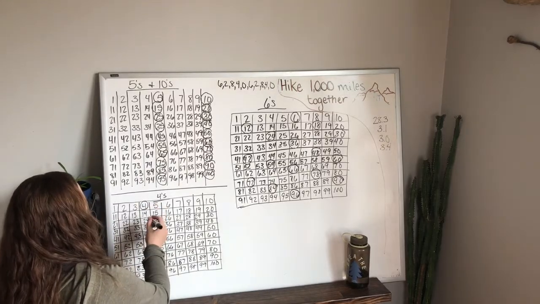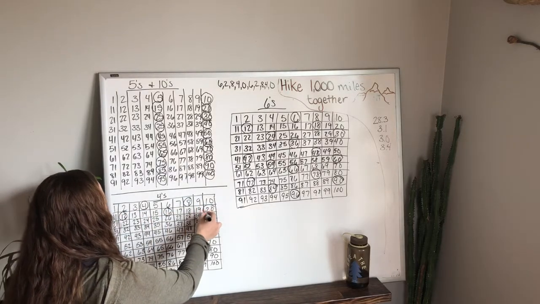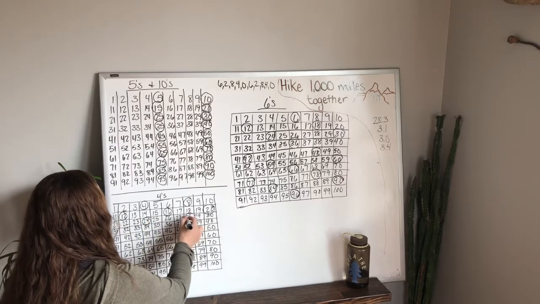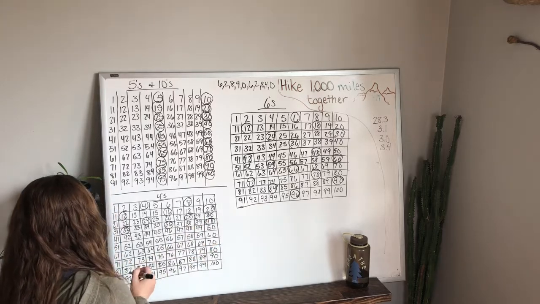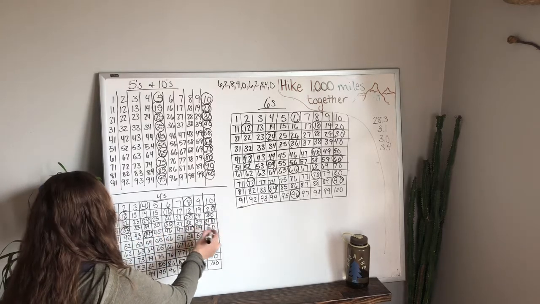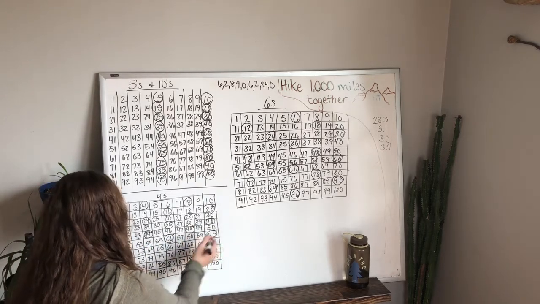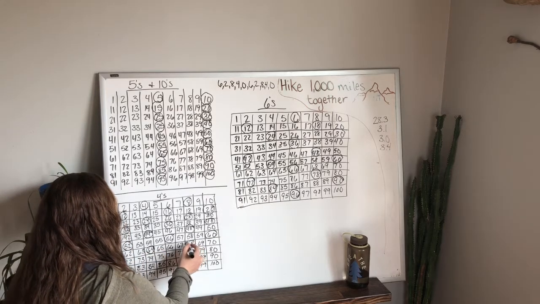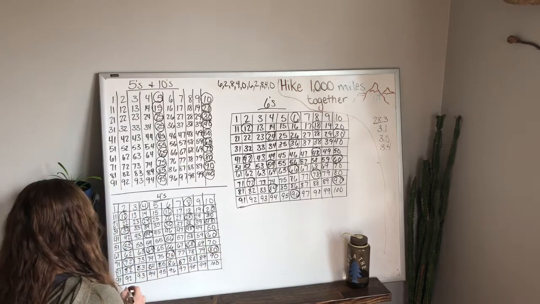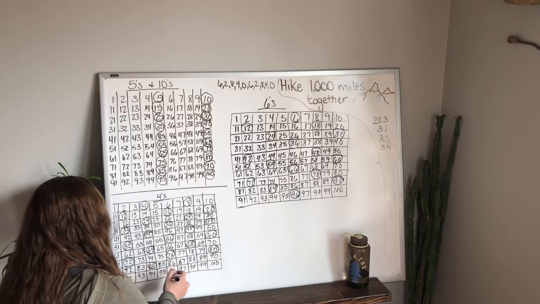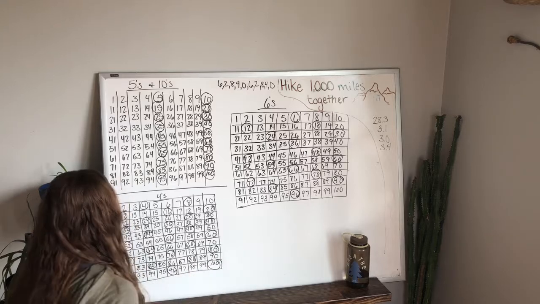So we start 4, and then we'll count by 4s. 4, 8, 12, 16, 20, 24, 28, 32, 36, 40, 44, 48, 52, 56, 60, 64, 68, 72, 76, 80, 84, 88, 92, 96, 100.